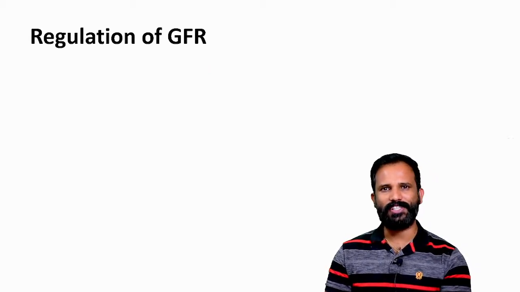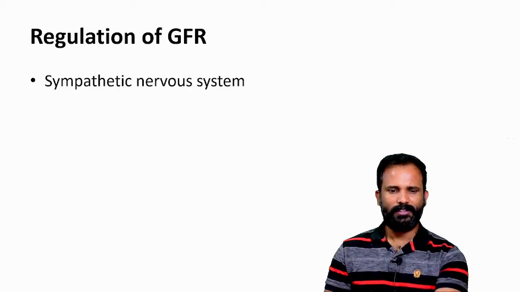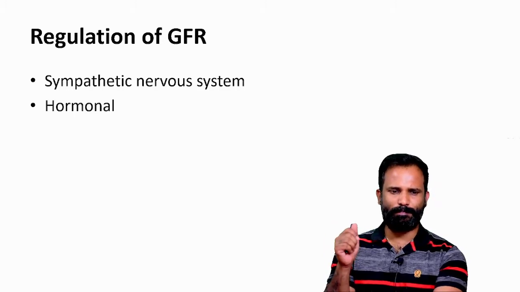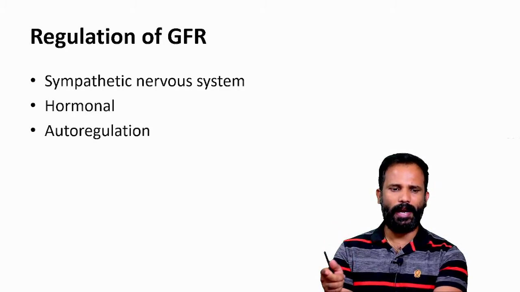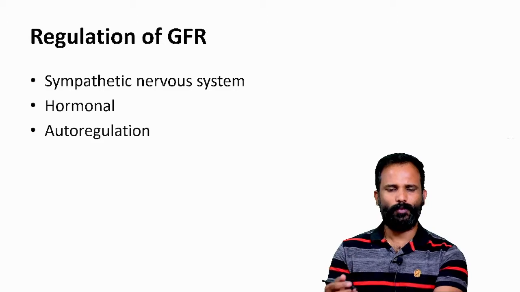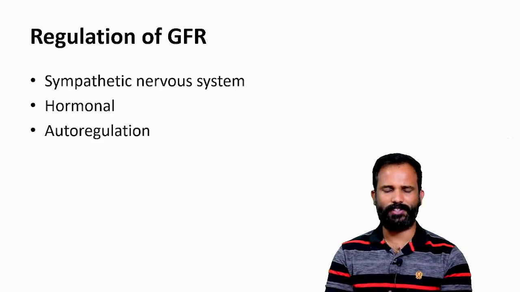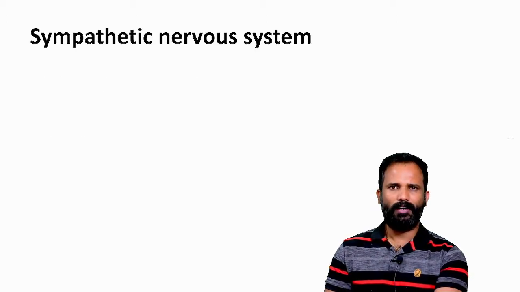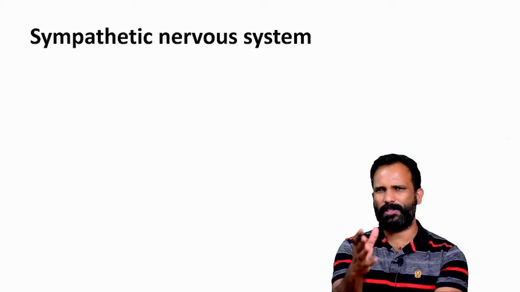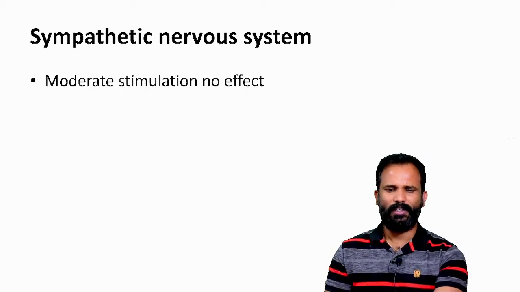Coming to the regulation of GFR, it occurs in three ways: sympathetic, hormonal, and autoregulation. So what is the sympathetic nervous system's regulation? So simple. Mild sympathetic stimulation doesn't affect GFR.